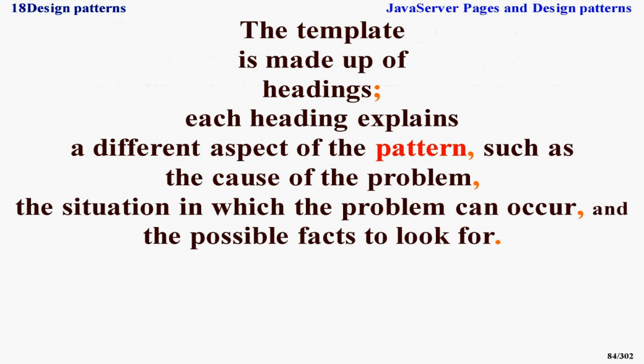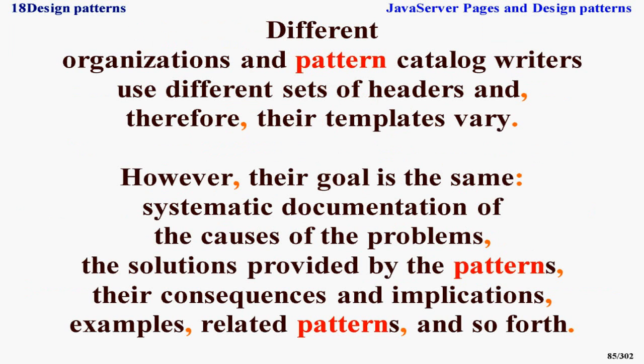The template is made up of headings. Each heading explains a different aspect of the pattern, such as the cause of the problem, the situation in which the problem can occur, and the possible factors to look for. Different organizations and pattern catalog writers use different sets of headers and, therefore, their templates vary. However, their goal is the same.